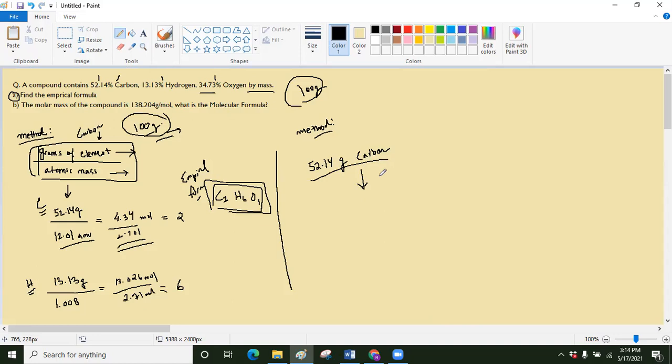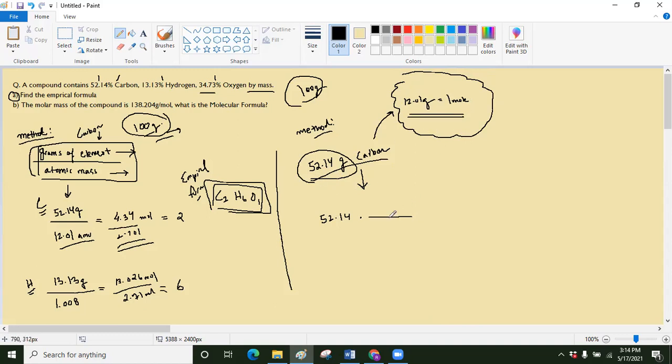So you could say, let me convert this to moles first. In the back of your head, the atomic mass of carbon, which is 12.01 in grams, equals 1 mole. You want to figure out how much is 52.14 grams. You just do 52.14 multiplied by this ratio, taken in such a way that your grams would cancel out.